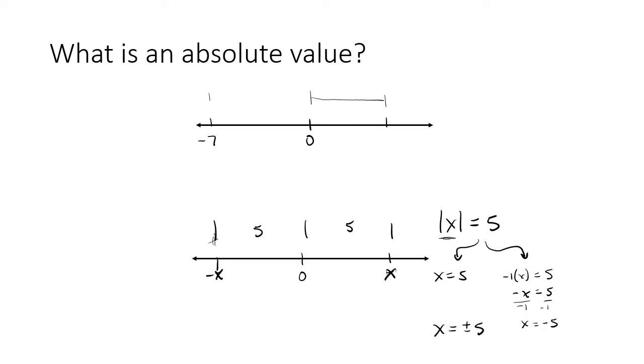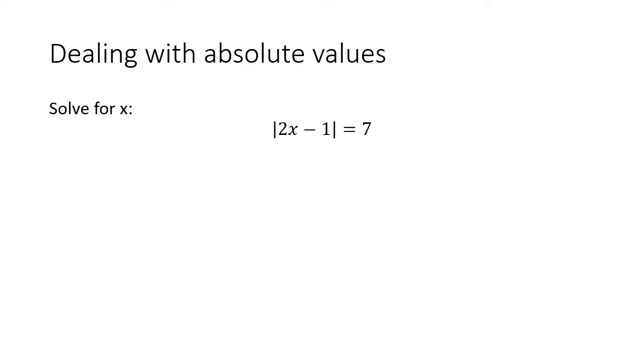Okay, but that's it. Now, this is a very simplified idea, but it applies to even very complicated problems. Let me give you an example of a slightly more difficult one. The absolute value of 2x minus 1 is equal to 7. So we're going to do it the same exact way we talked about. We're going to break it into two things.